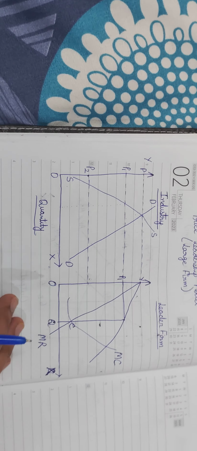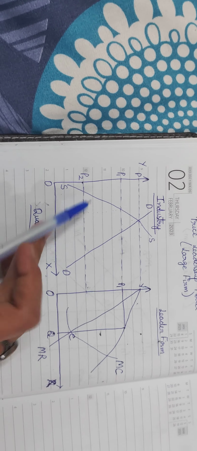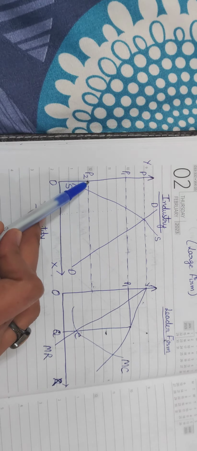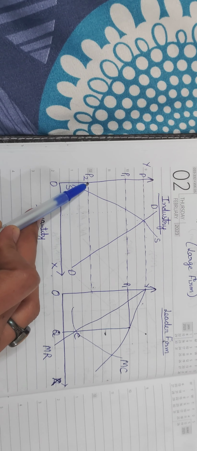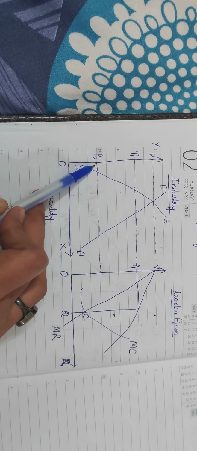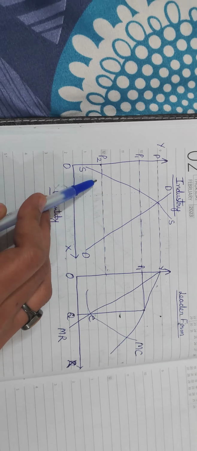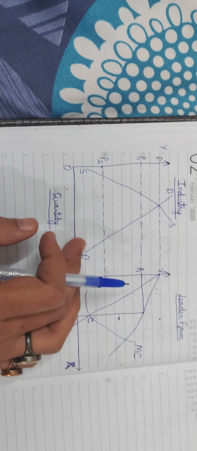Now if the leader firm further tries to reduce the prices to say P2 here, because the prices are too low, smaller firms will not be able to supply.